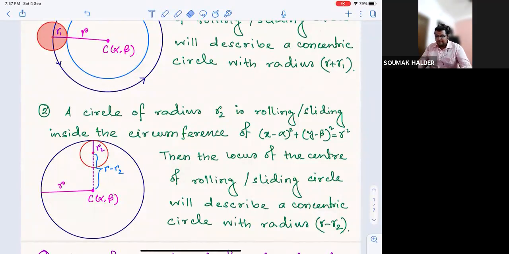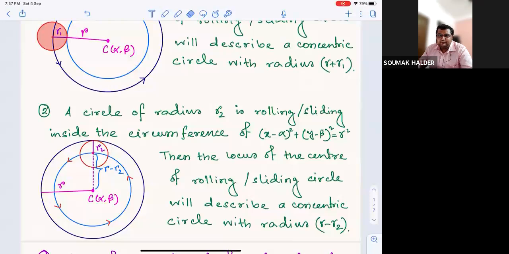In that case, the center will always be at a distance r minus r2 from the existing center. The center of the rolling circle will always maintain a fixed distance r minus r2 from the center of the greater circle, and hence the locus will be this circle, which is a concentric circle with new radius r minus r2.